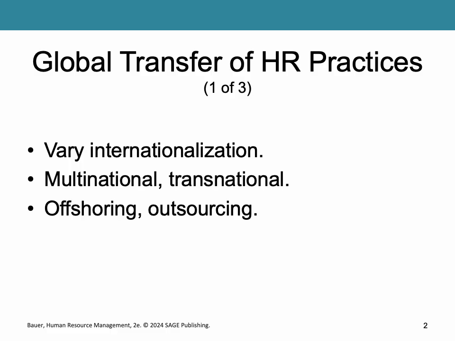As you may have learned in other courses, when we say a company is global or international, it's not a one-size-fits-all. There are different ways that organizations can engage globally. For some, at the lowest level is imports and exports, right? I import things from other countries.